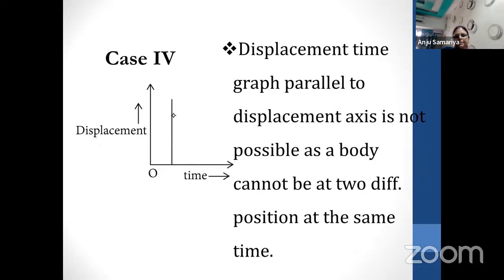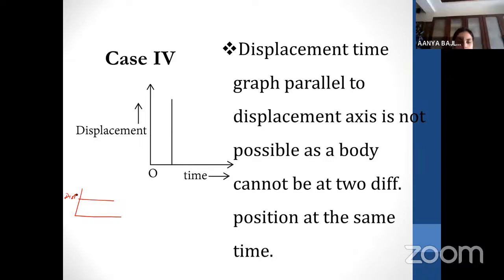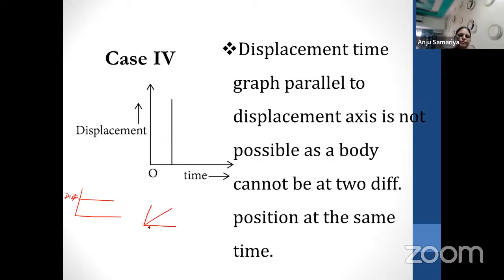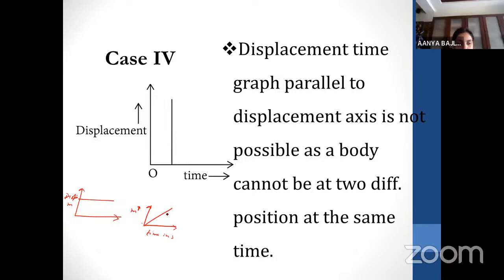So coming back to displacement time graph, we had 4 types of graphs here. This one, what does it say? Displacement time graph? Object is stationary. Then the second one, this says that the body is moving with uniform velocity.